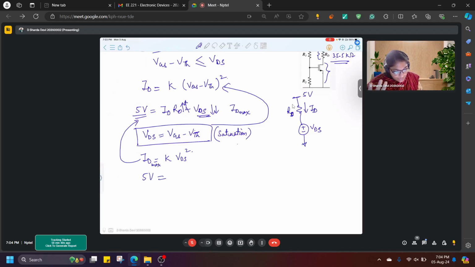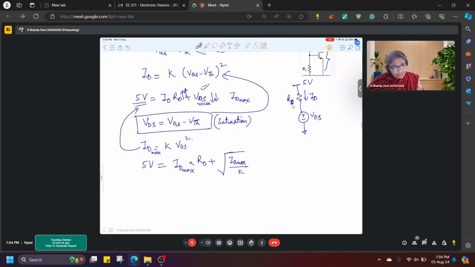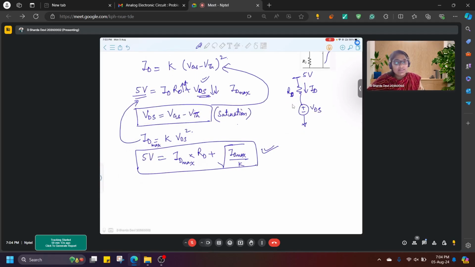So 5 volts equals ID max into RD plus, in place of this VDS, root of ID max by K, right? So we have to solve this equation to find the ID max.